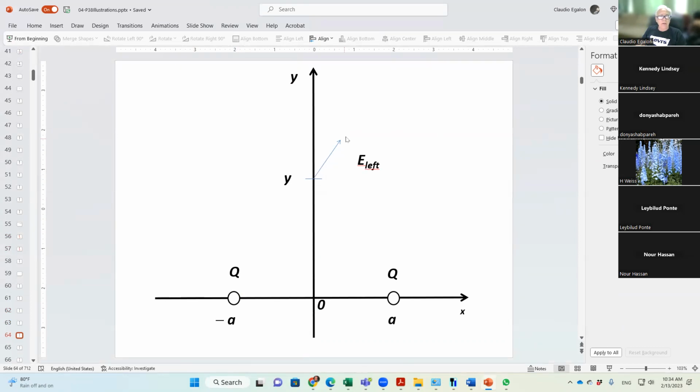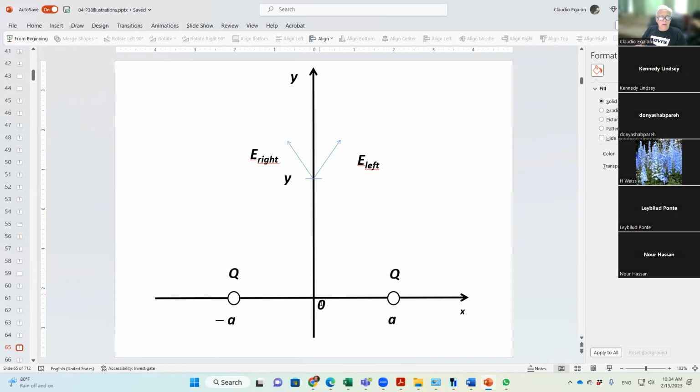Consequently, the electric field is away from the charge. Positive charges, we say they are sources of electric field. Right? And I wrote down E left charge. I meant the left charge. And then we do the same with the electric field of this other charge. Should be pointing to the other side.